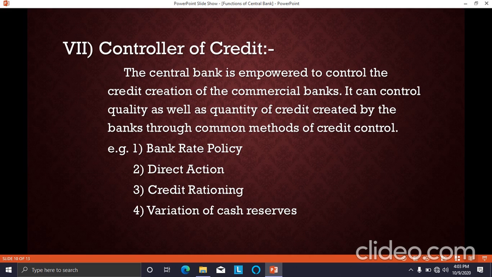If there is inflation, they can make it 40 crores. But if there is a deflation in the economy, they can reduce it to 20 crores. So as per the condition in the market, as per the inflation or deflation in the country, they can vary this cash reserve ratio.